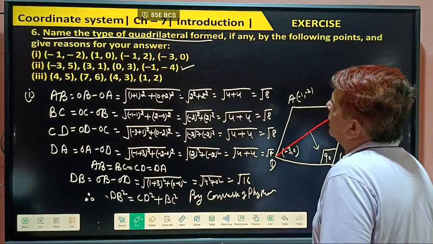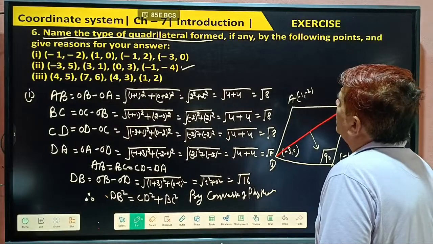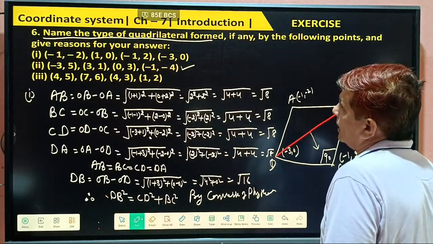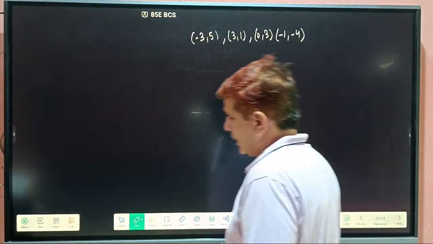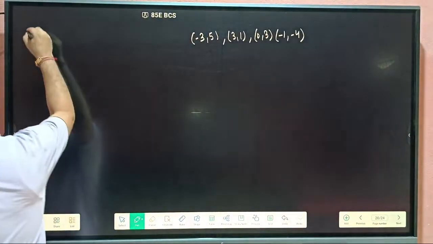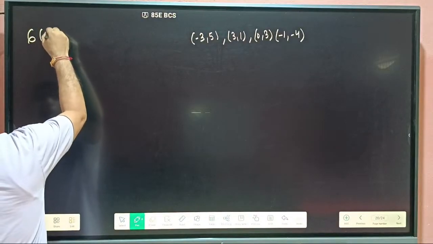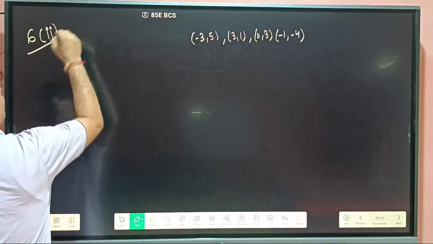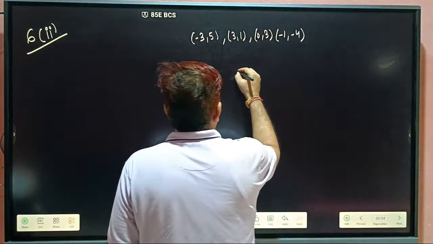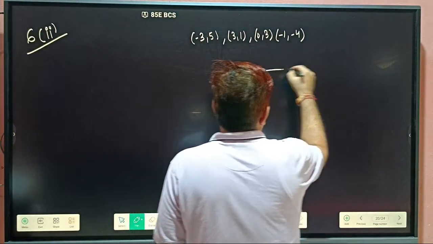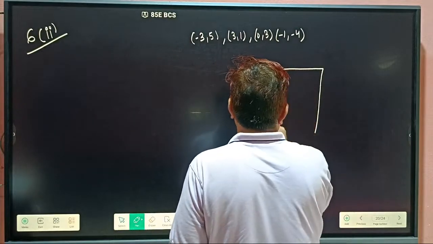Name the type of quadrilateral formed, if any, by the following points, and give reason for your answer. So this second part you can say question number 6. Solution: we are given 4 points, and we can make a quadrilateral.